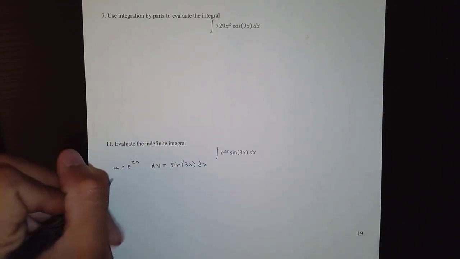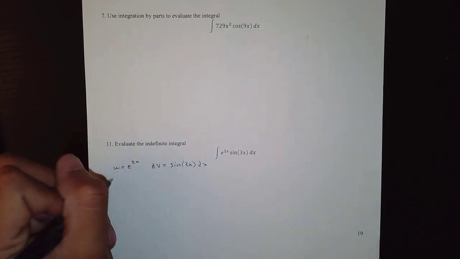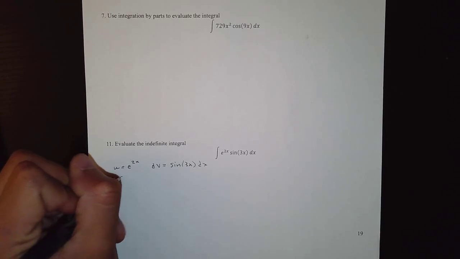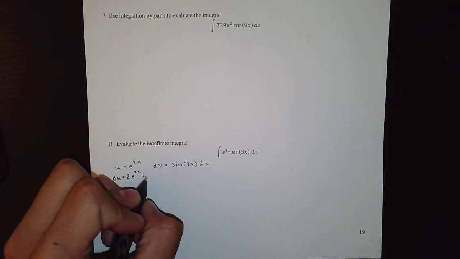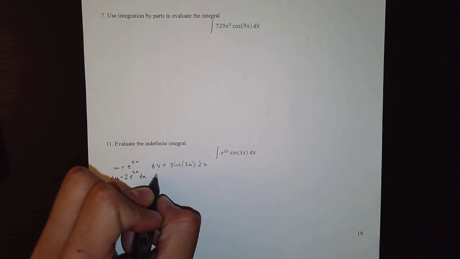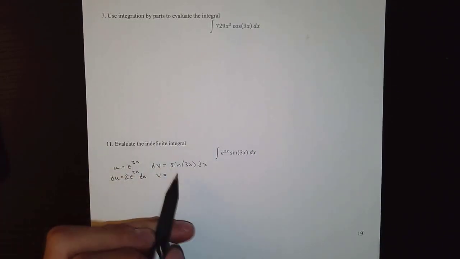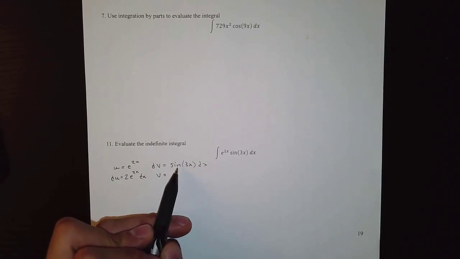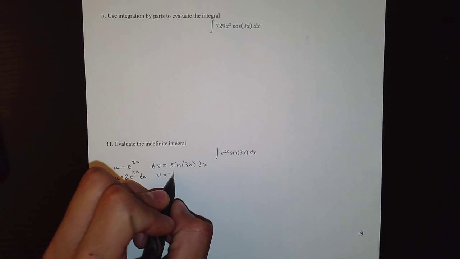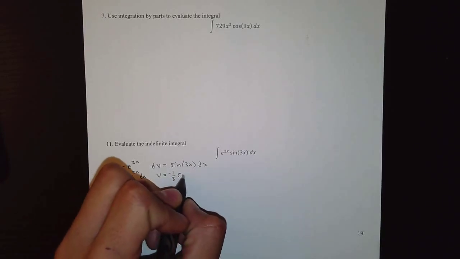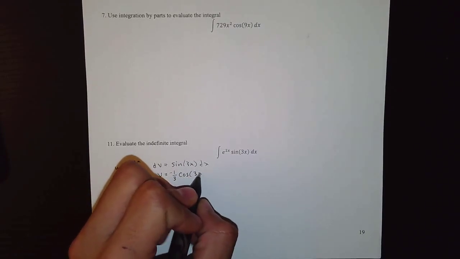And so when I differentiate u, I have du equals 2e to the 2x dx. And then v would become the integral of sine of 3x, which becomes negative 1/3 cosine of 3x.